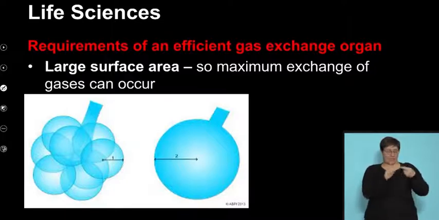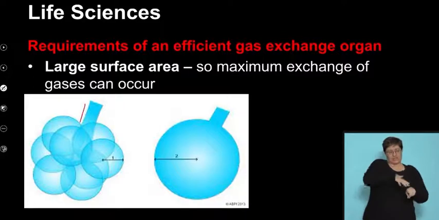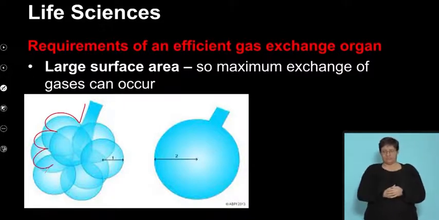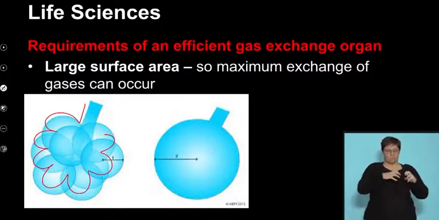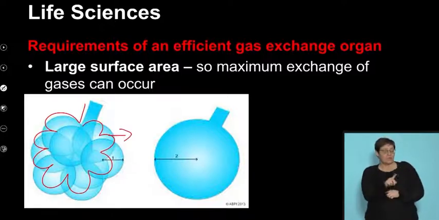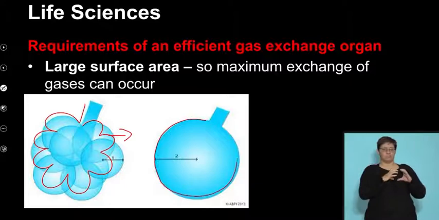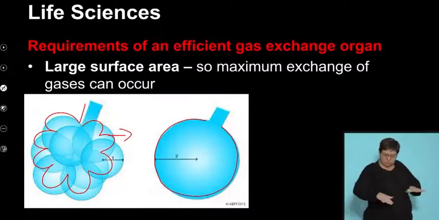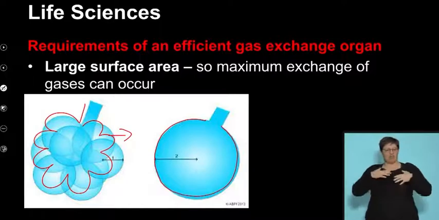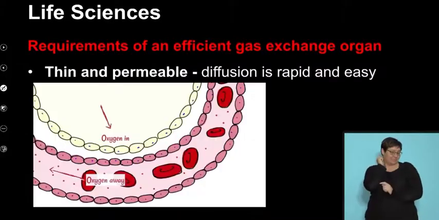Number one, I need to have a large surface area. What do I mean by that? Making these bubbles means that there is more surface area than one single bubble. When we look at the structure of the lungs, we're going to see where this occurs, so we've got to keep this in mind all the time.